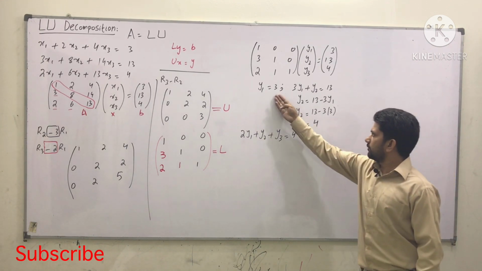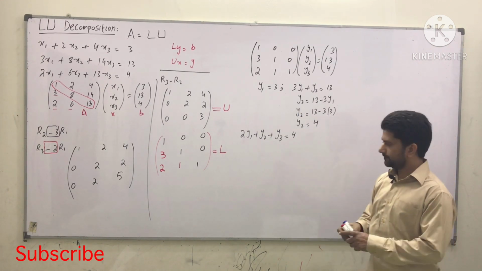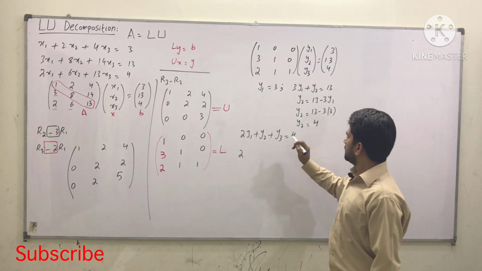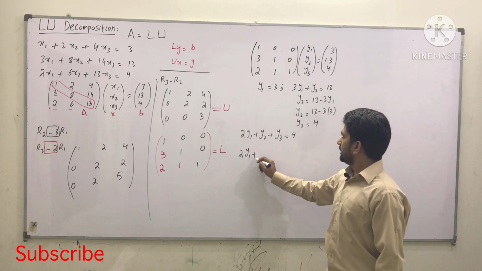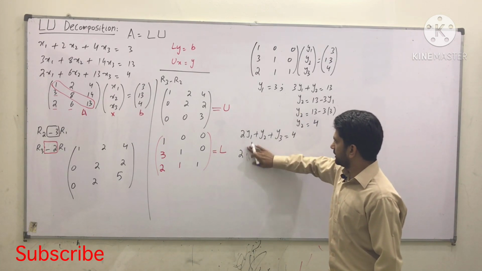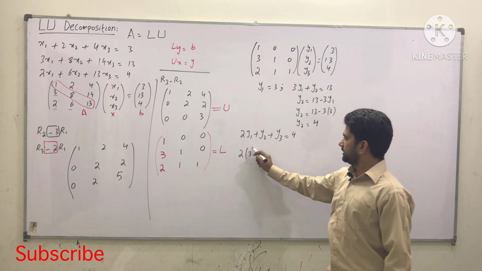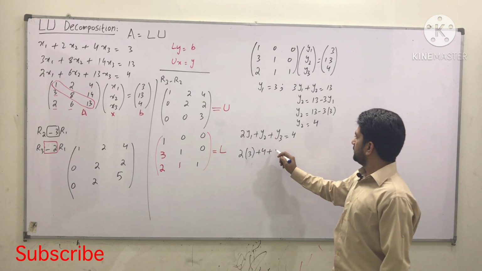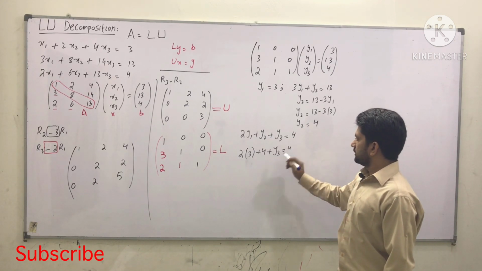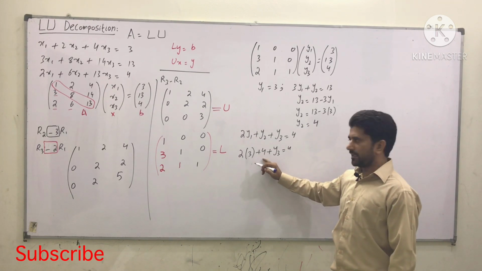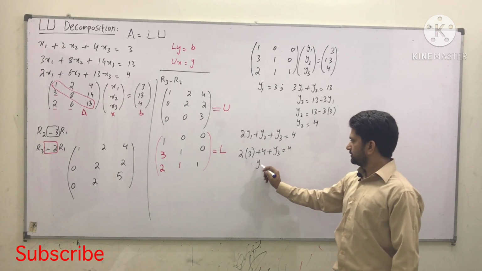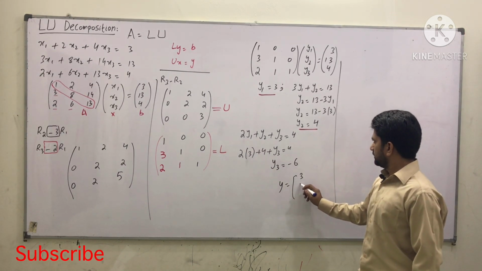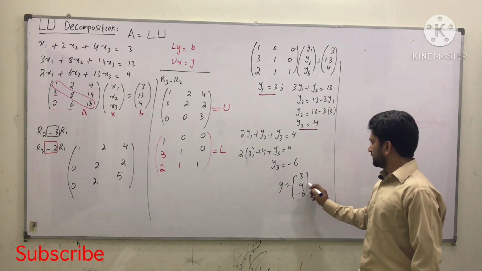Put the values of y1 and y2 to find y3. So y1 is 3, y2 is 4, and y3: 2 times 3 is 6, 6 plus 4 is 10, 4 minus 10 is minus 6. It means y is 3, 4 and minus 6.